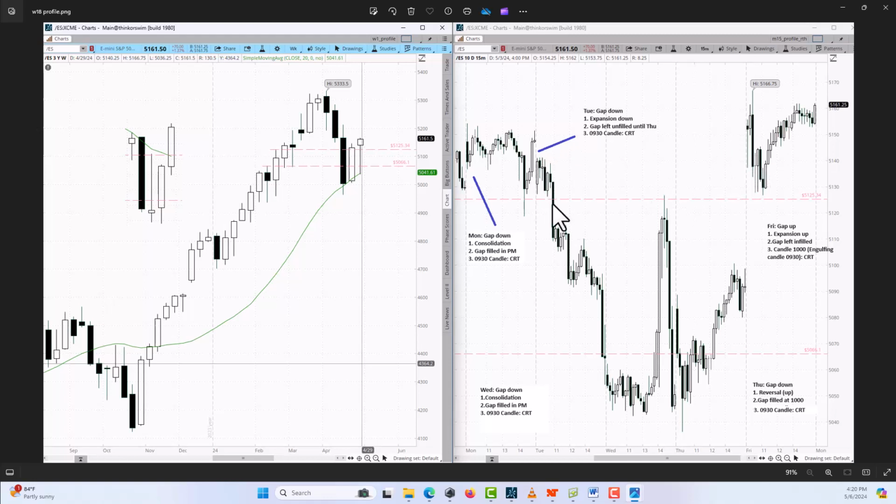But it gives us some idea. You see that the 9:30 on Tuesday opens below Monday, so that can give us a bearish signal right there.